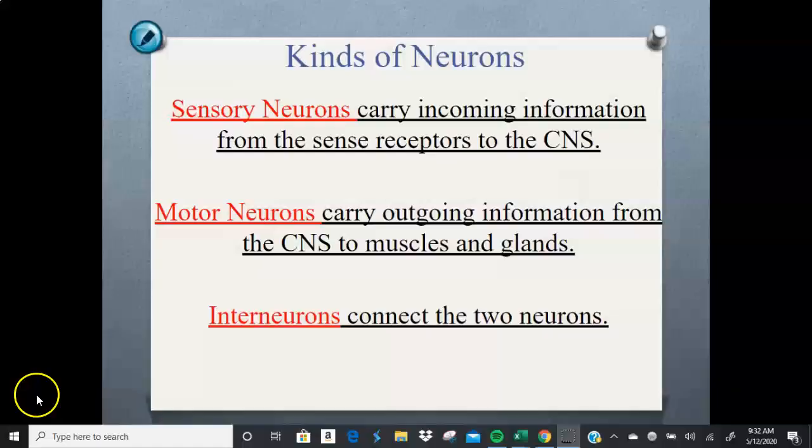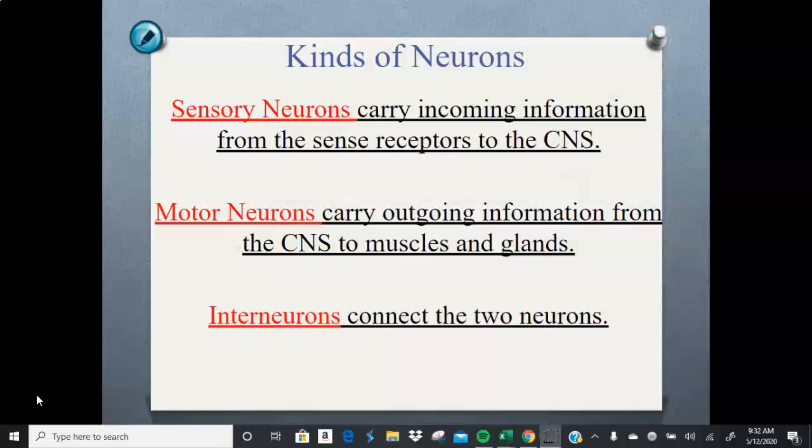Well, there's an interneuron that connects between the sensory neuron and the motor neuron. And the interneuron says, hey, motor neuron, you might want to pay attention. And the motor neuron says, remove your hand. Oh, ouch, it's hot.